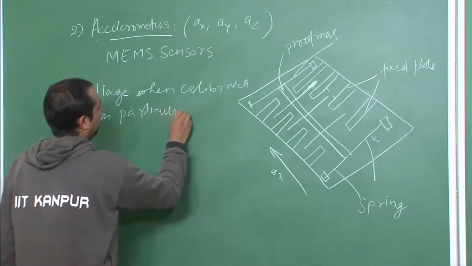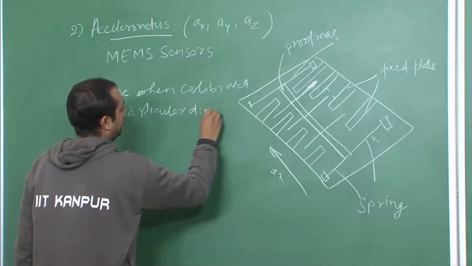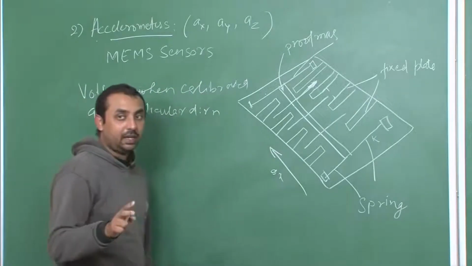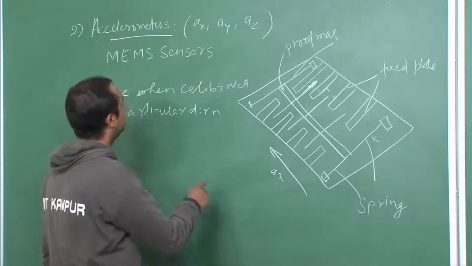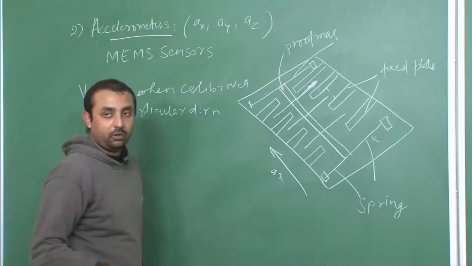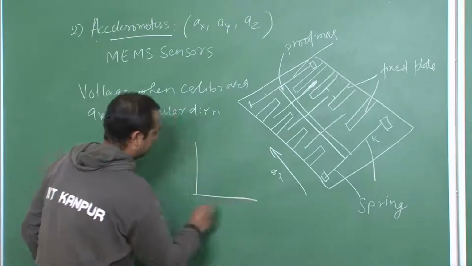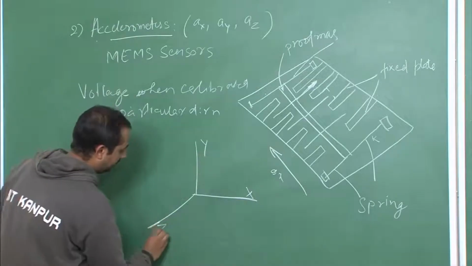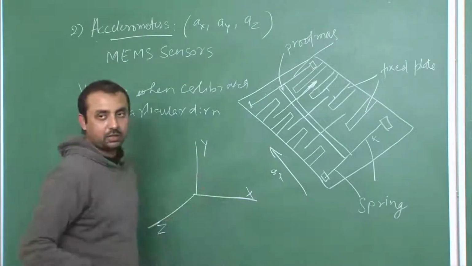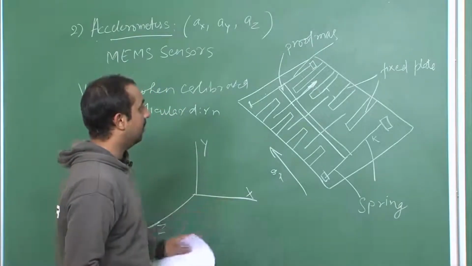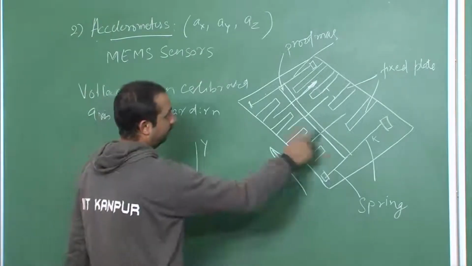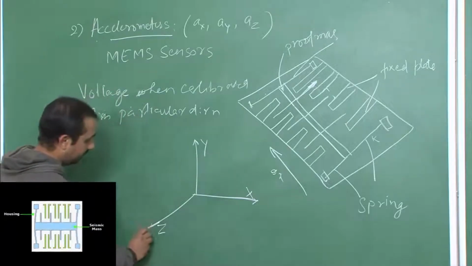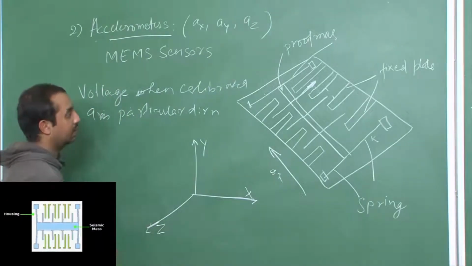Now since this proof mass can only oscillate in one particular direction, for 3 axes you have to have 3 different accelerometers, that is x, y and z. Each has a different accelerometer that can move only in a particular direction. This proof mass will move only in x direction, for y it will move only in y direction, and for z it will move only in z direction.